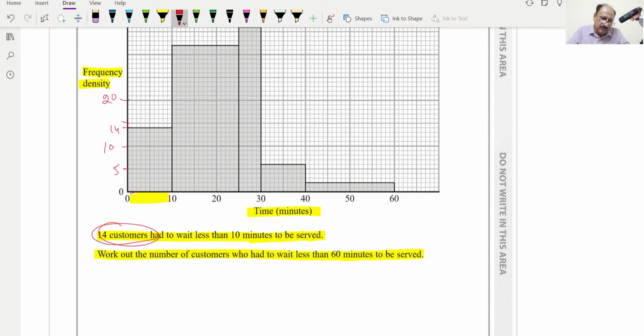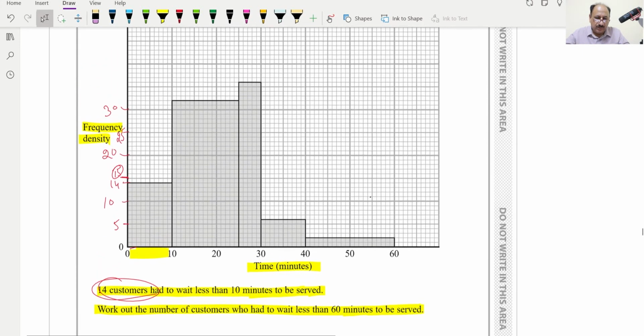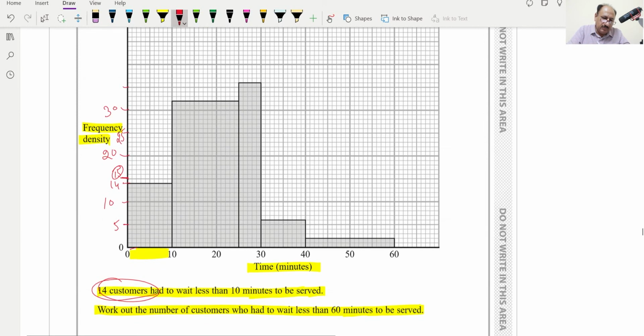This is less than 15. 15 is this mark, then 20, and this will be 25, and this will be 30. Similarly, we can check further. This will be 35 and this one will be 40. Up to 40 will be sufficient.